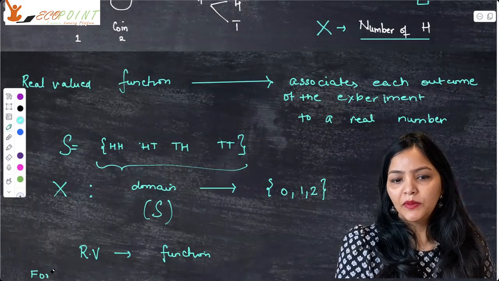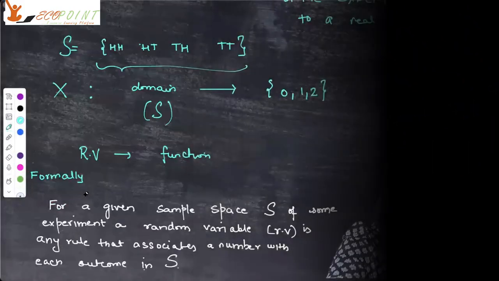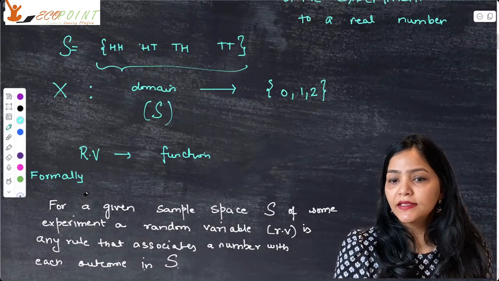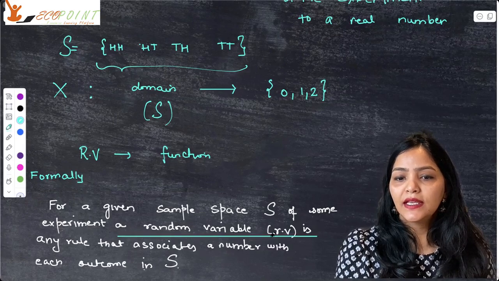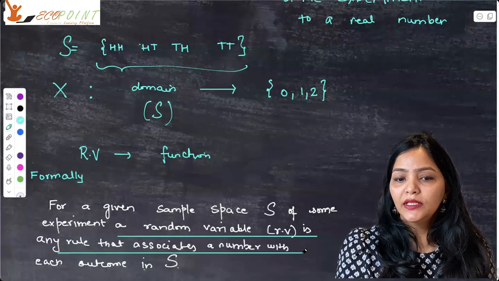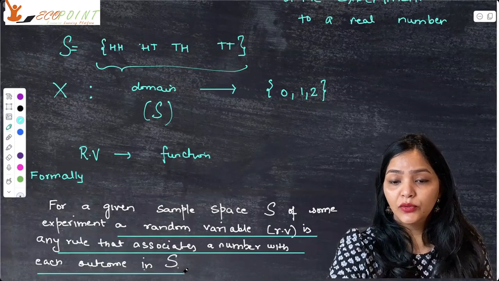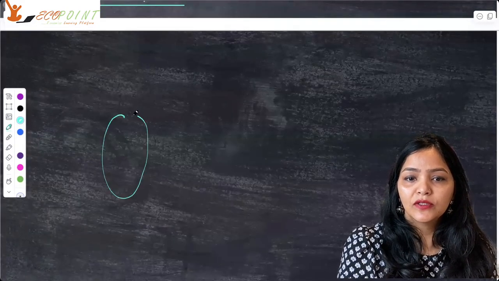So formally speaking, what is a random variable? For a given sample space S of some experiment, a random variable is any rule that associates a number with each outcome in S.